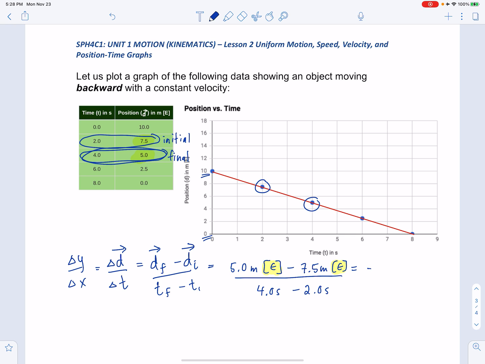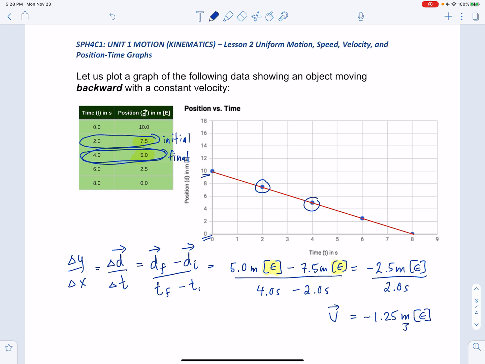If you punch this into your calculator, you get negative 2.5 meters east. And if you do 4.0 minus 2.0, you get 2.0 seconds. So our slope, if we calculate it, will give us the average velocity. We have negative 2.5 divided by 2.0. We end up with negative 1.25 meters per second east.